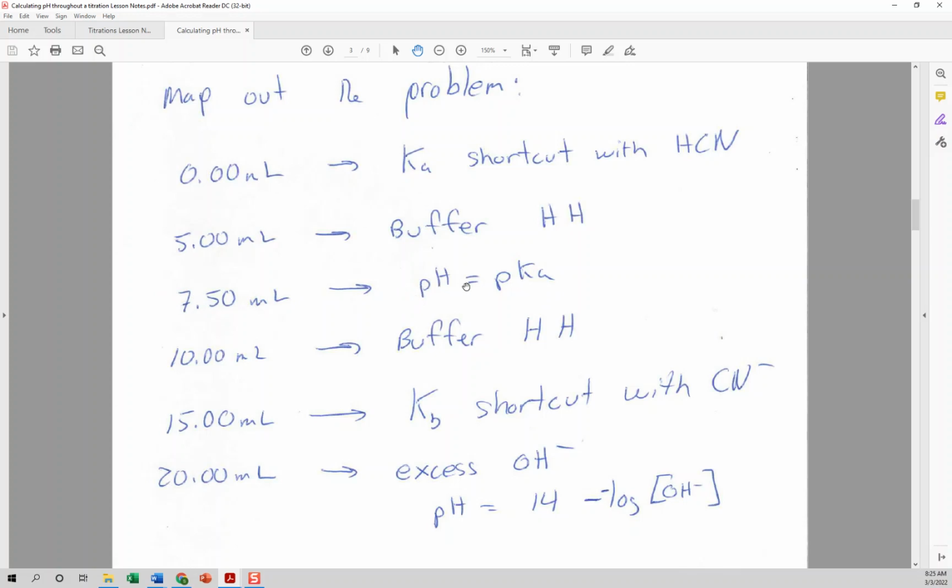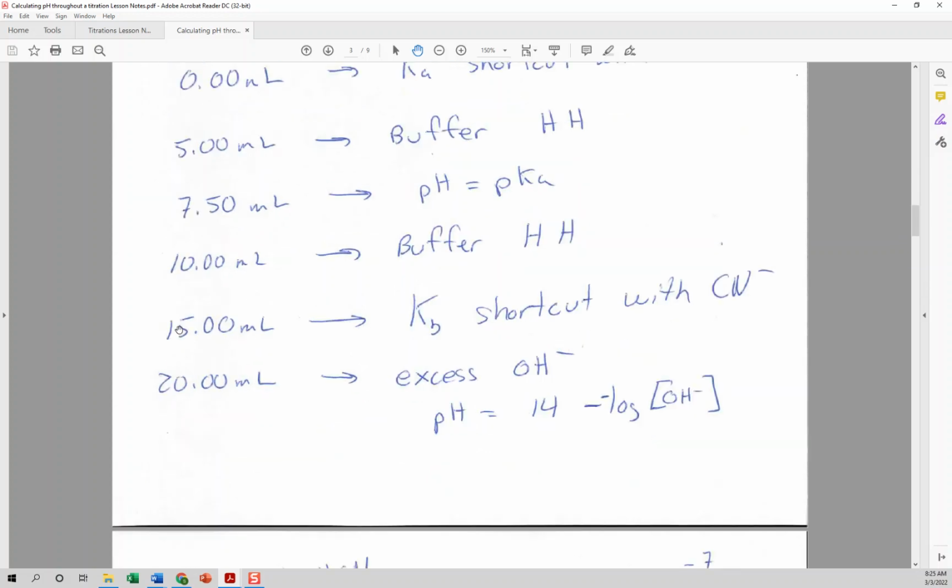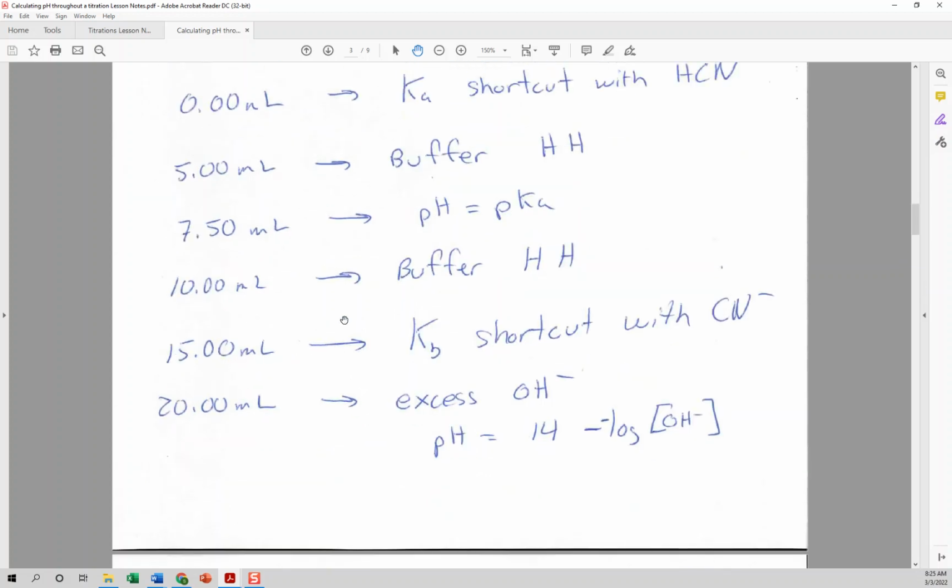But again, I get that from using the Henderson-Hasselbalch equation because it's pH equals pKa plus the log of 1, and the log of 1 is 0, so pH equals pKa. So I'm using my Henderson-Hasselbalch for these, okay? At the equivalence point, it flips. So before the start, it's a Ka shortcut.